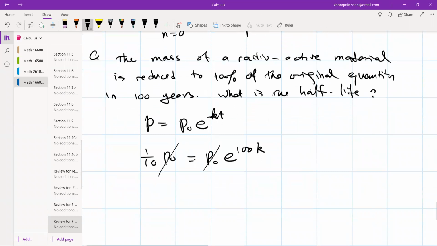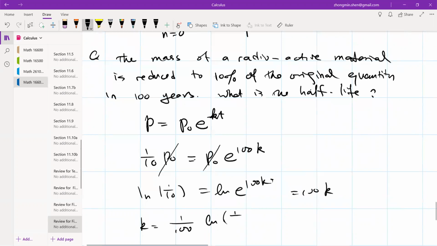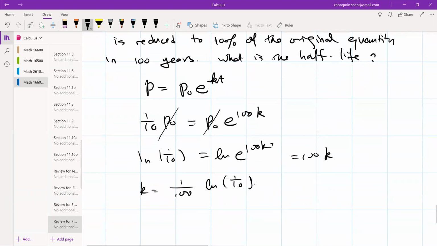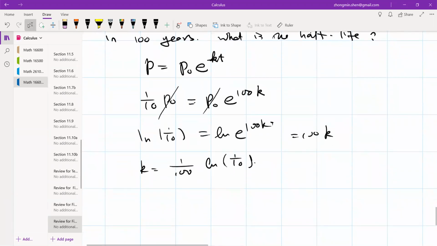The initial quantity is not needed. Now if you take the natural log on both sides, you will get 100k. So my k is going to be 1 over 100 natural log of 10. All right, so this is our k.